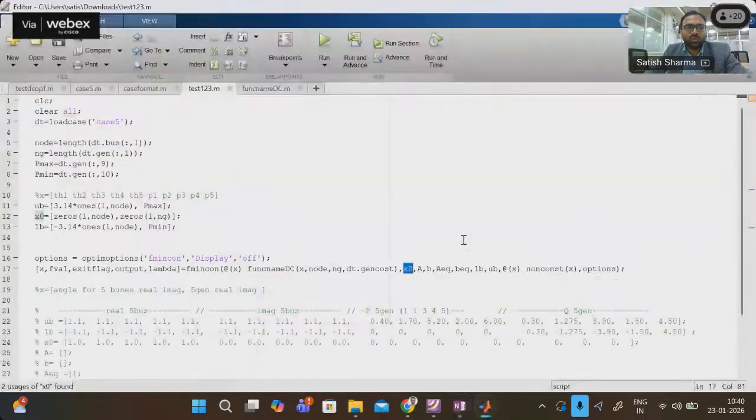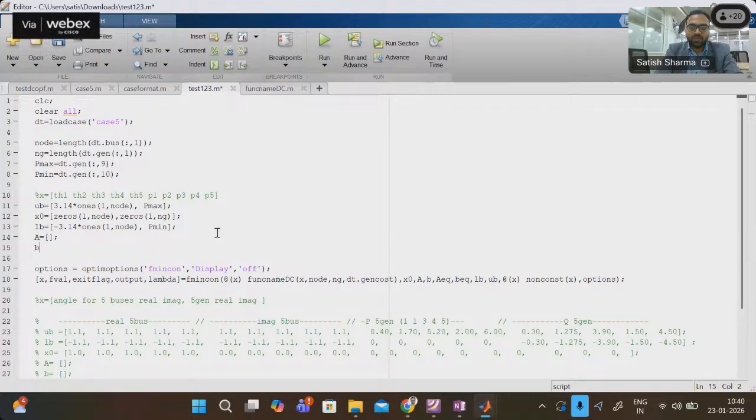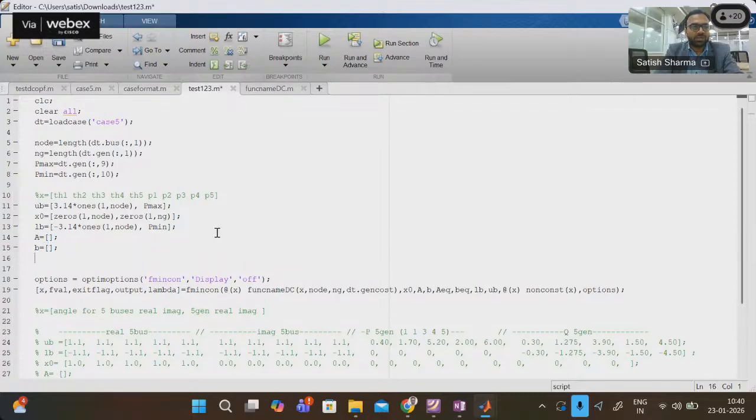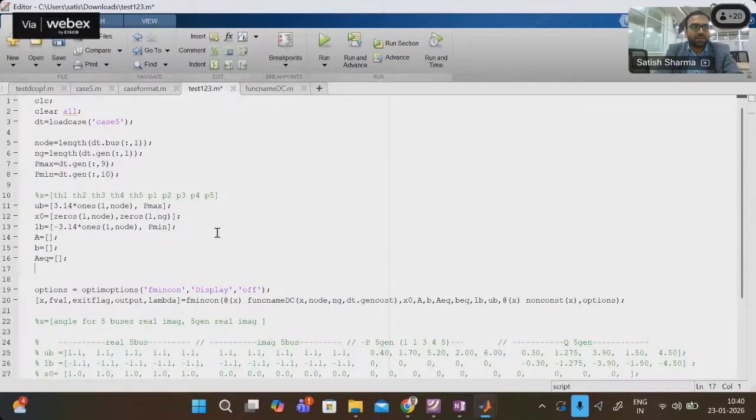So I will put that A is an empty matrix, B is also an empty matrix, Aeq is an empty matrix, and Beq is also an empty matrix.